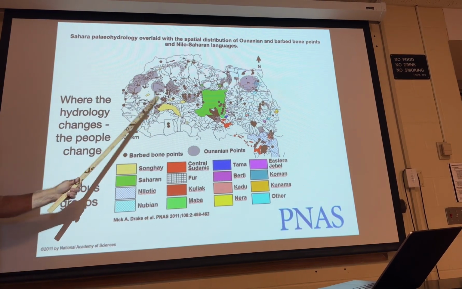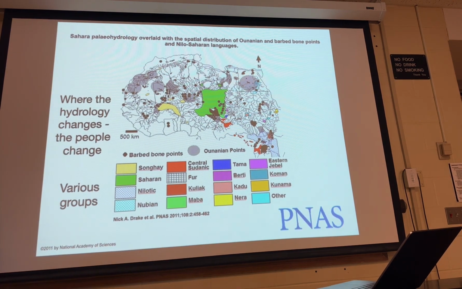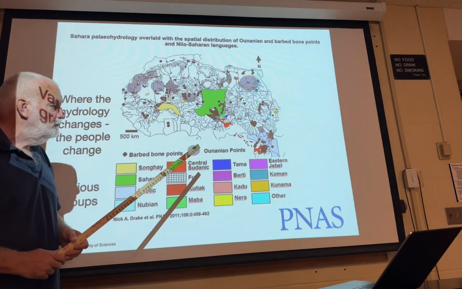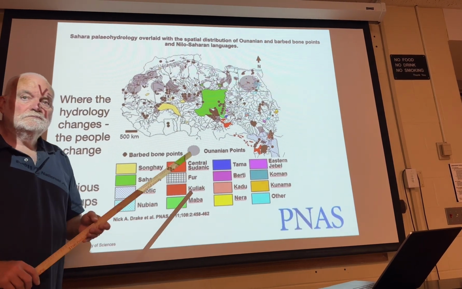These people had a little bit wider distribution, but the real take-home message is they were hanging around the lakes. Shocking. They had water, they could fish. I don't know if they did agriculture or not. I'm not familiar with that. But there you have it, in the Sahara.